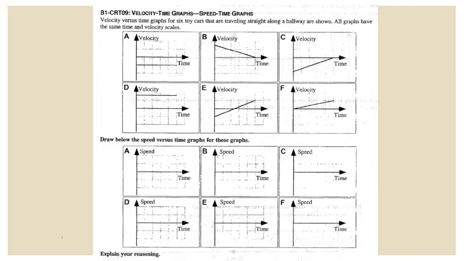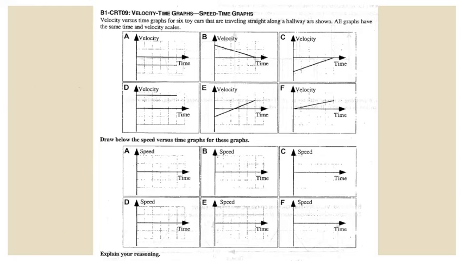And the real question you have to ask yourself is, how does velocity show you information about the direction? And it shows you information about the direction from the sign. And so the key idea here is that while velocity can be negative, speed can't be negative. And that's the real difference between them.